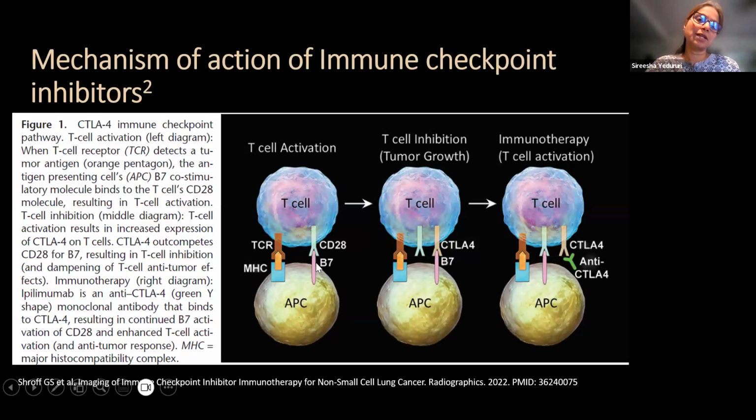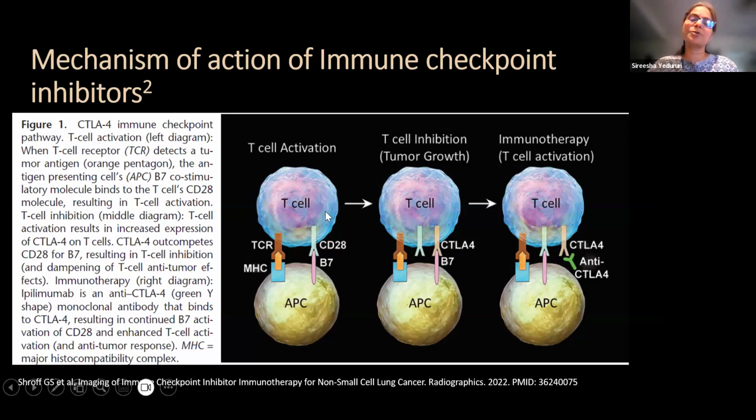There is also another molecule called B7, which co-stimulates and attaches to this molecule here. Whenever this gets excited, this also gets excited. This binding results in a feedback loop, which results in expression of CTLA4.